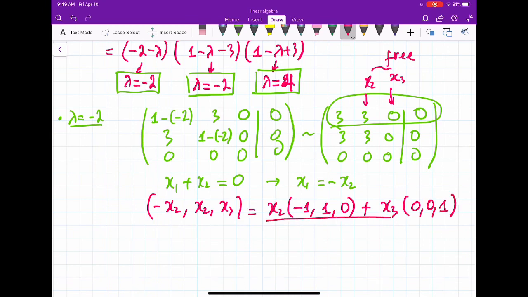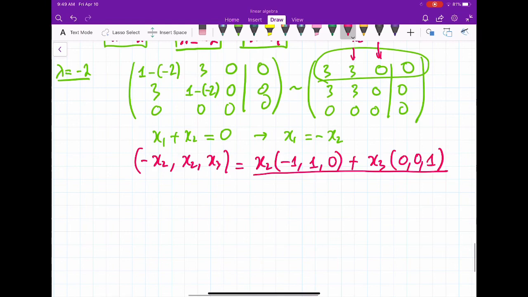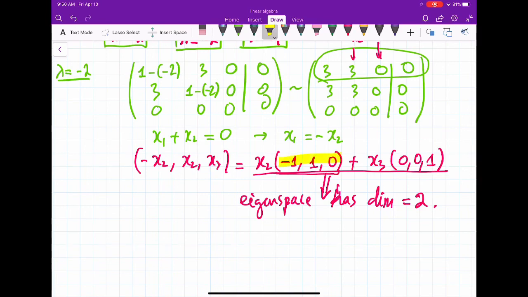So all vectors of this form are eigenvectors of lambda equal to -2. And the eigenspace has dimension equal to 2. You see that? Because these two vectors will form a basis.